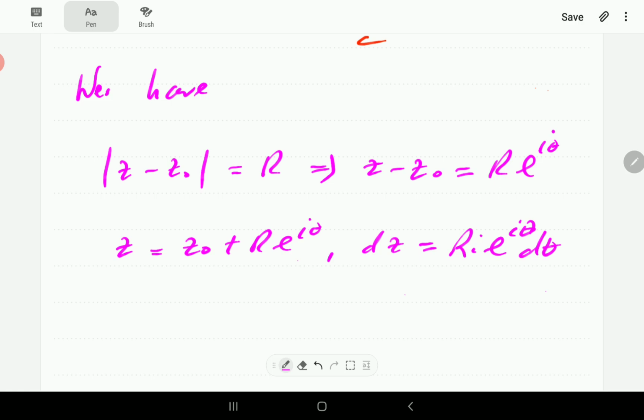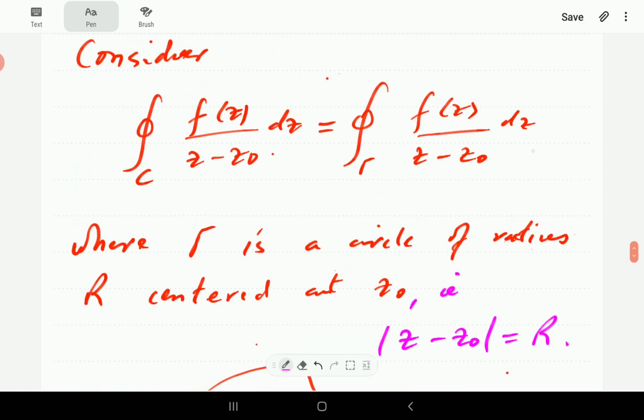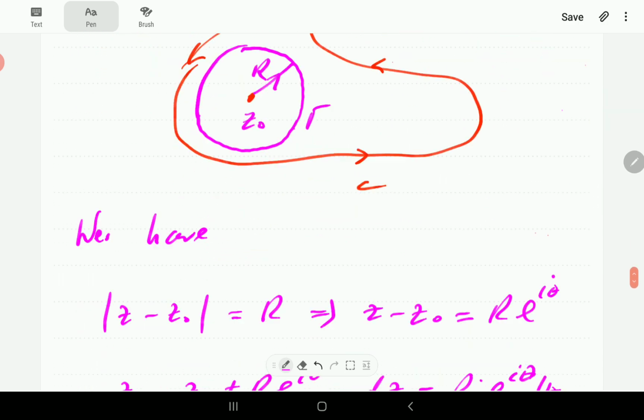So we can now rewrite this integral in terms of the parametric equation.